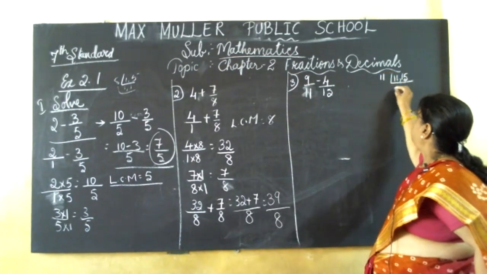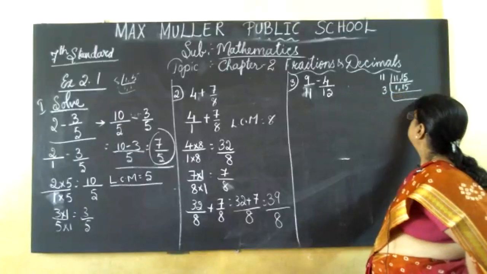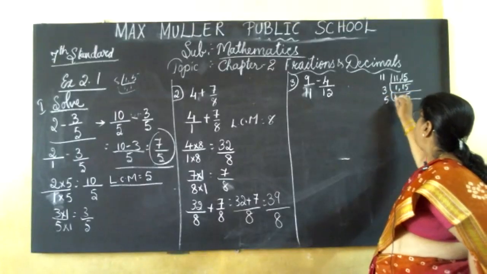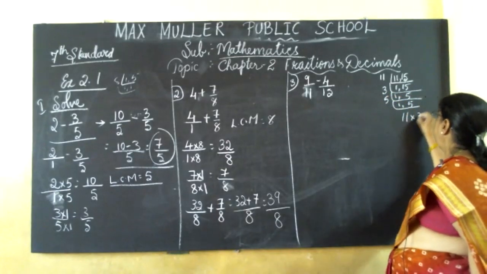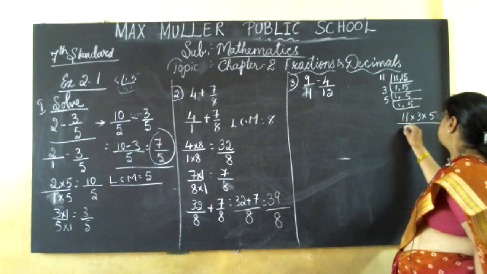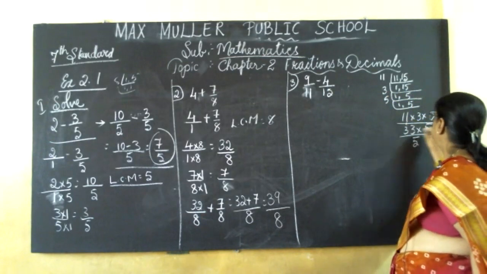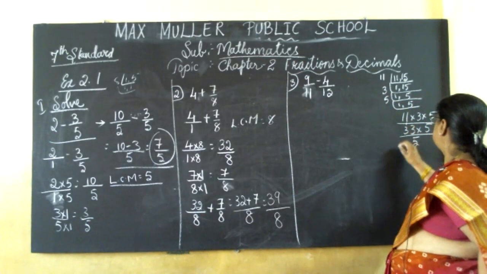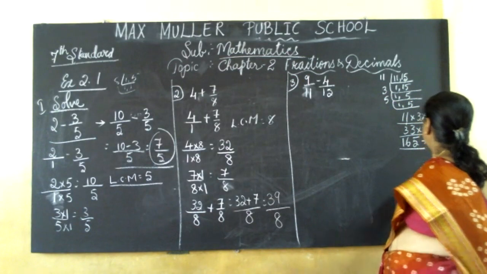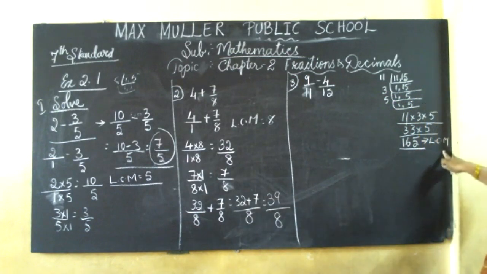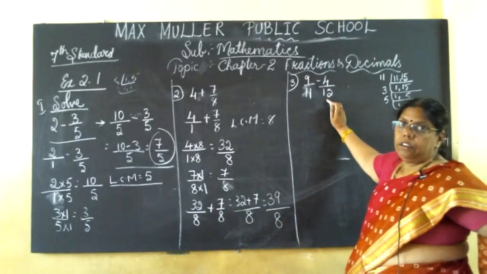So 11 ones are 11 and 15 is 3, 5. Now 11 into 3 into 5. 11 threes are 33 into 5. 33 fives are 165. 165 is your LCM.